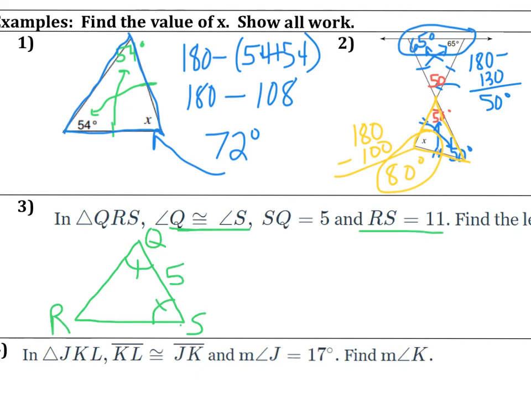RS is 11, so the length from R to S is 11. And we need to find the length of side QR. How long is QR? So if we look at this here, you have these base angles, Q and S, and across from your base angles are going to be equal sides. So if I know this side over here is 11, then the side opposite this base angle must also be 11. So our final answer is 11.